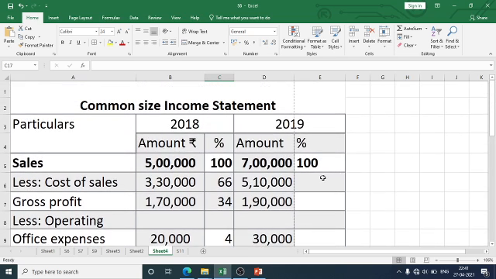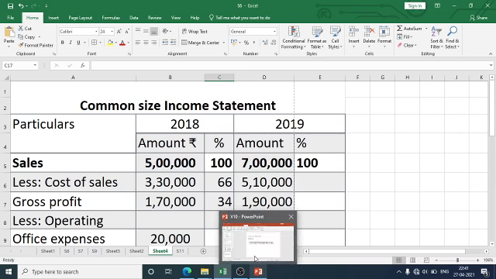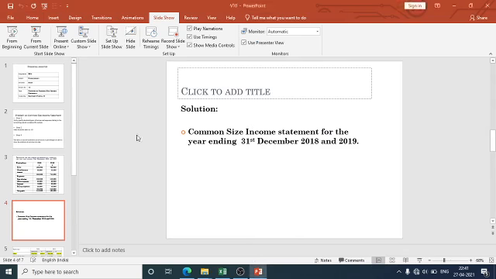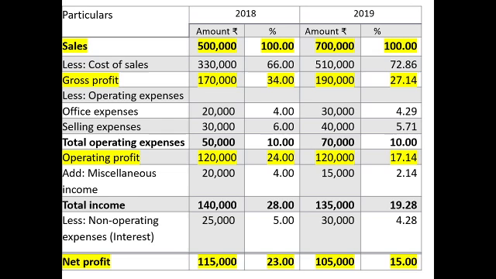Now same calculation you can do for 2019. Fine. So already the calculation is done. So we will directly go to the solution part here. So whatever the calculation is calculated in the Excel, so it is here. So from 66% to 23%, how the calculation is done for your reference.